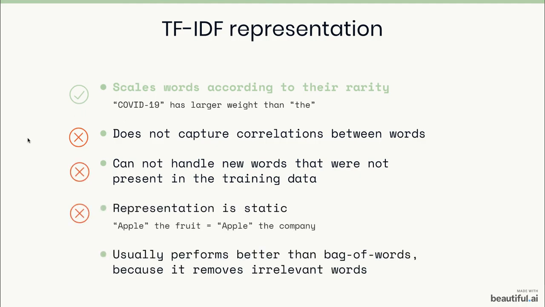Right, so here it does have the same 3 downsides as we saw with the bag of words, but it does fix the first problem, in that it scales the words according to their rarity. So COVID-19 has a larger weight than the word the. And this usually performs better than bag of words because it ignores the common ones and also puts more weight on the rare ones.